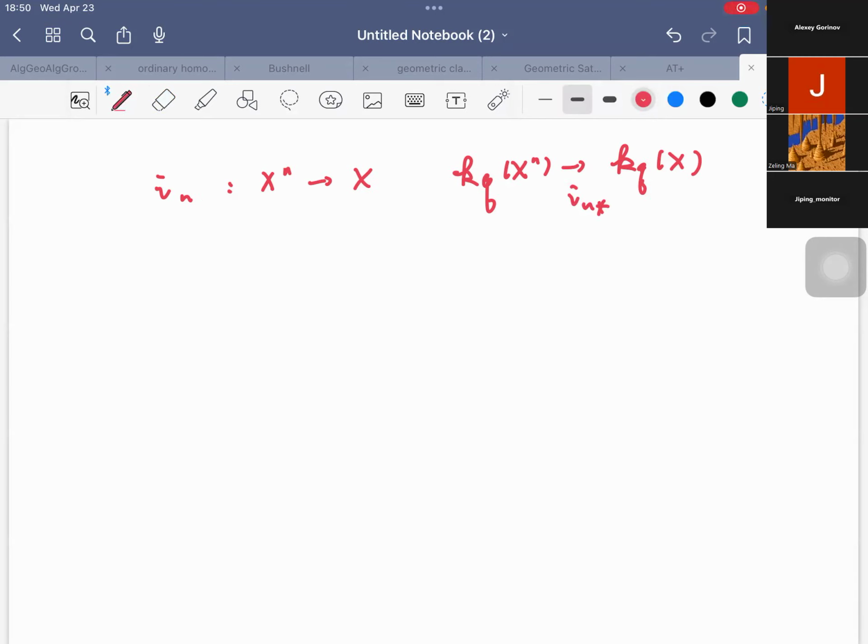Yes. And so let's assume that everything works, that the statement about inverse limits and direct limits works. How does it help us to prove that the map I_N lower star is an isomorphism in degrees lower than n?